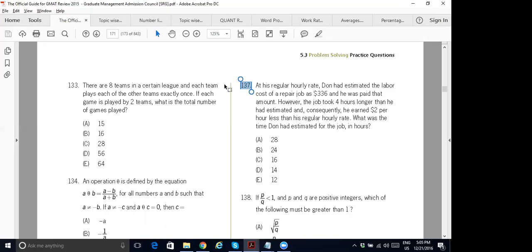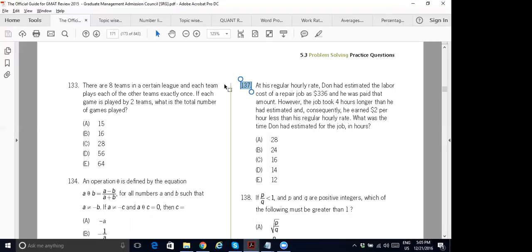So you just equate t plus 4 into w minus 2 is equal to 336. And then what was the time?